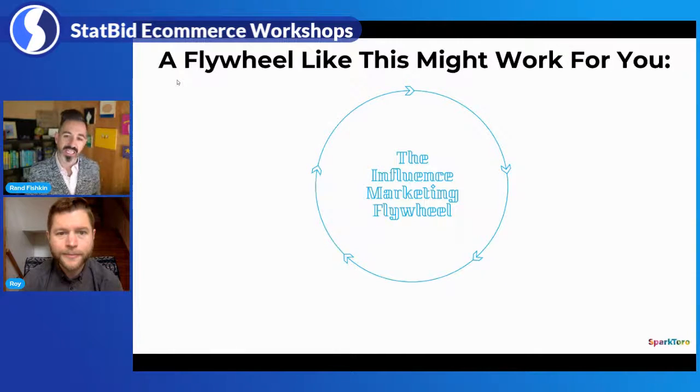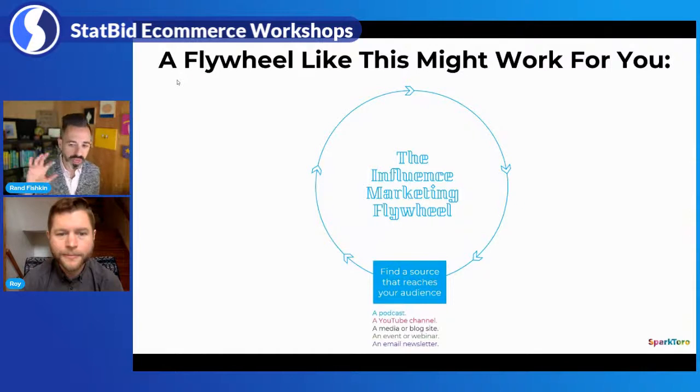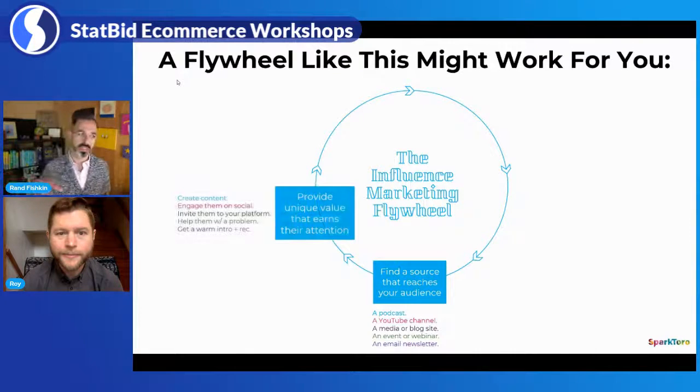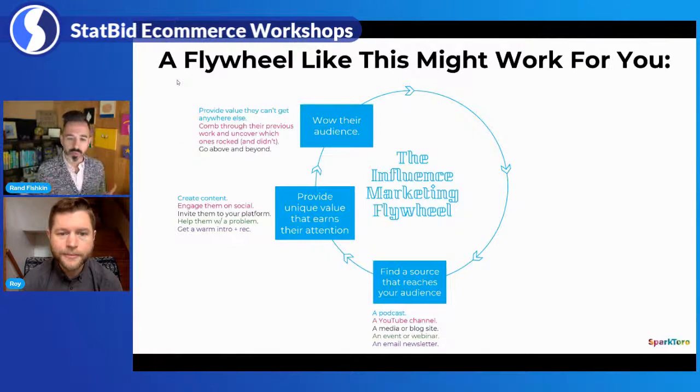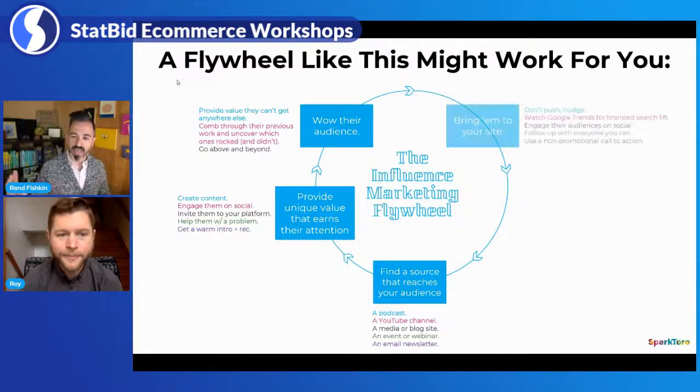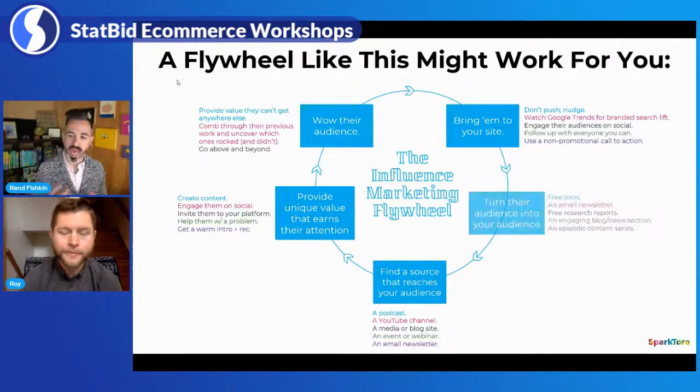I think that in many cases, a flywheel like this might work for you, where you find some source that reaches your audience, you provide unique value to them, you wow that audience, right? And then you basically bring them to your site so that you can capture an email address and turn their audience into your audience.